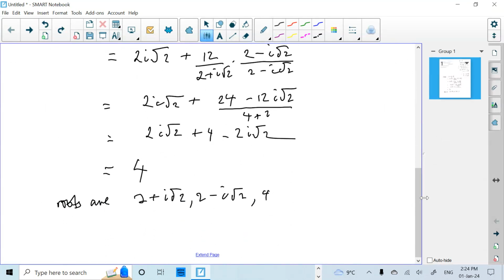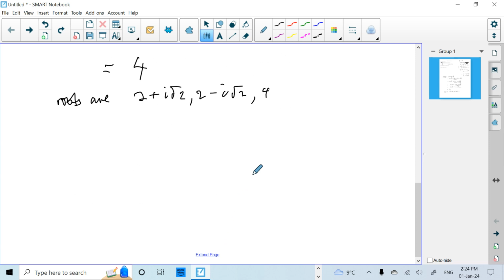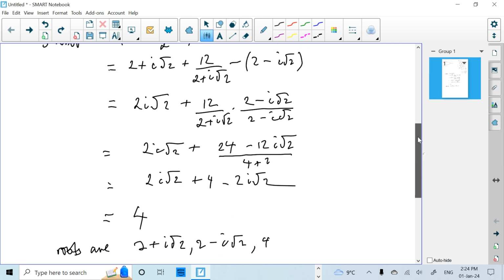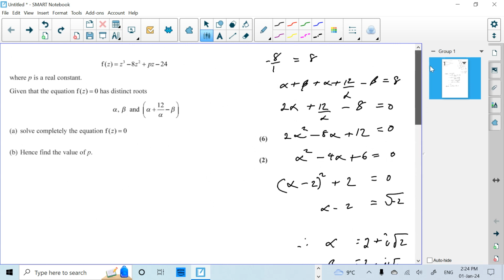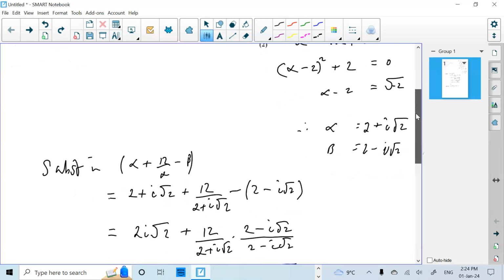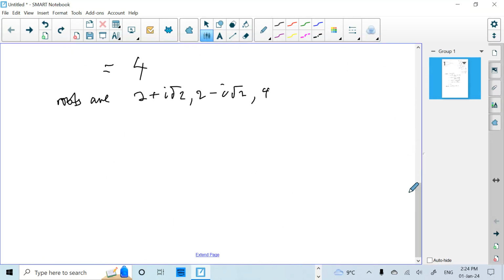Well, to find the value of p, it's sensible to just substitute the value of 4 into z cubed minus 8z squared plus pz minus 24. And that's what I'm going to do.